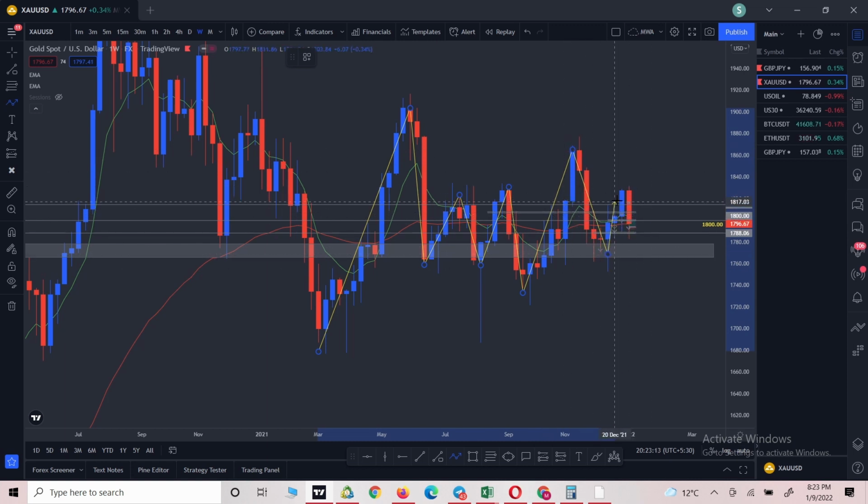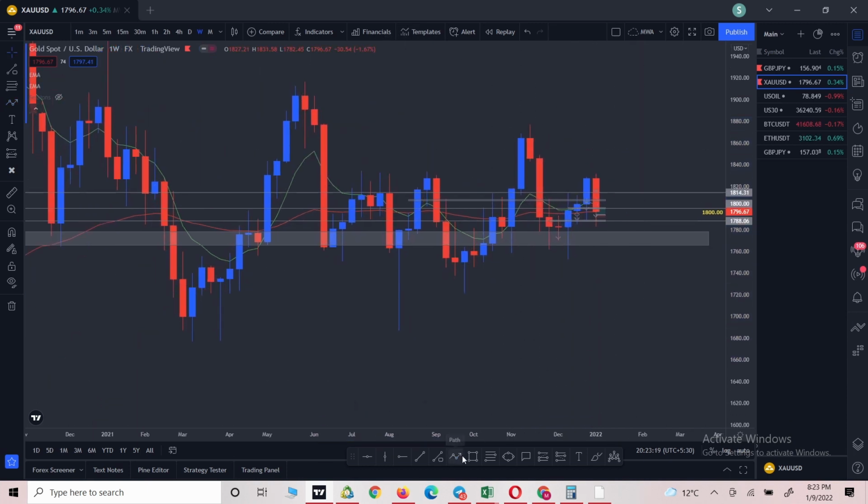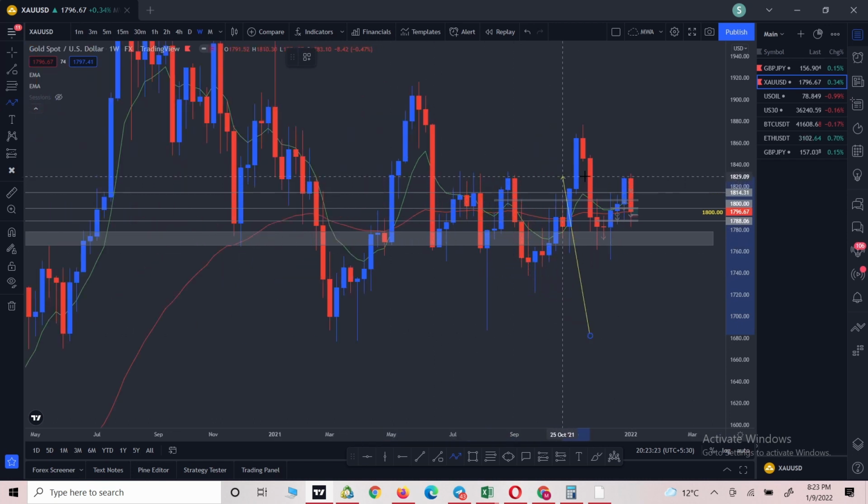So we are making higher highs and higher lows at the moment, but at the same time the price is finding some difficulty breaking this level. The price bounced off this area and was rejected by it. We had rejections from this area in the past, and this time as well we got rejections. So this is going to be a strong area.